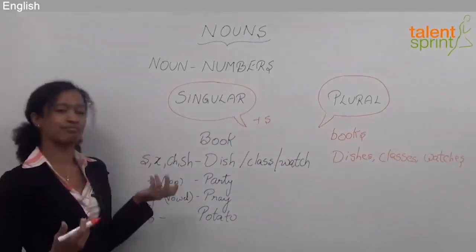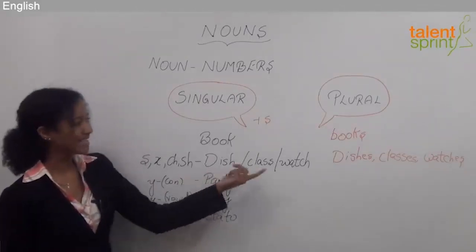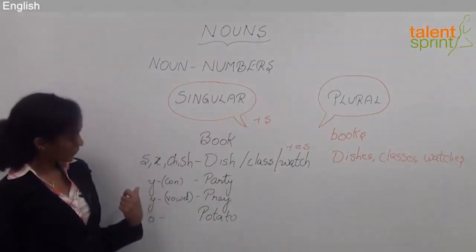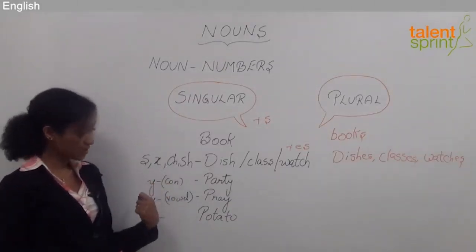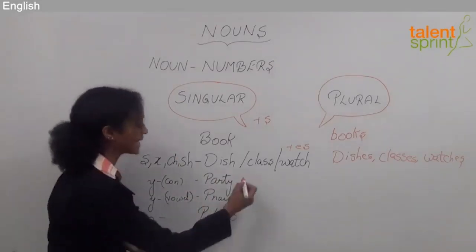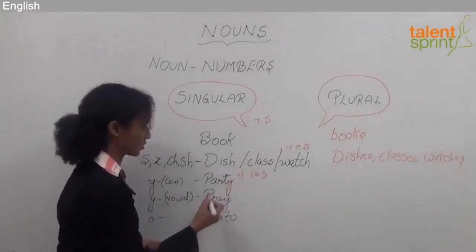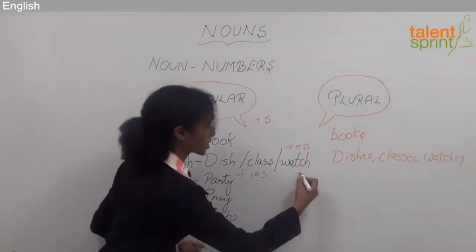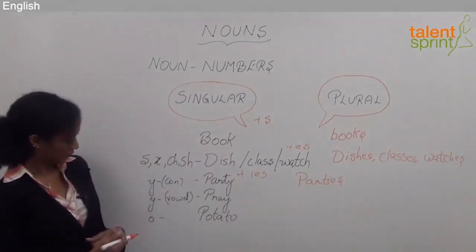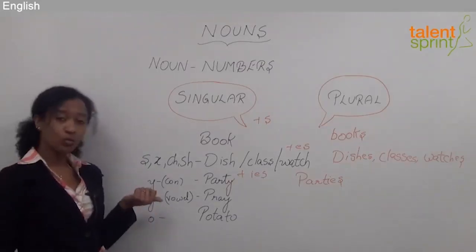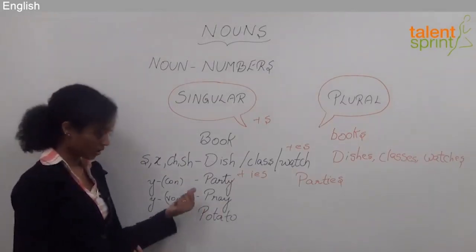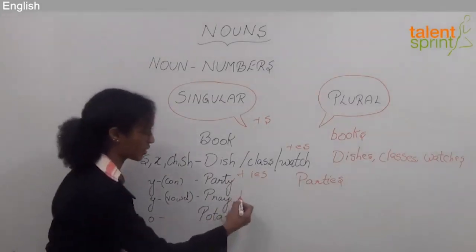So for a word with x, box, boxes. So you add es to this to make it plural. Now words that end with y preceded by a consonant, what you do is you replace the y with ies. So party will be parties. And with words that end with y preceded by a vowel, pray, again, all you have to do is add s to make it plural.